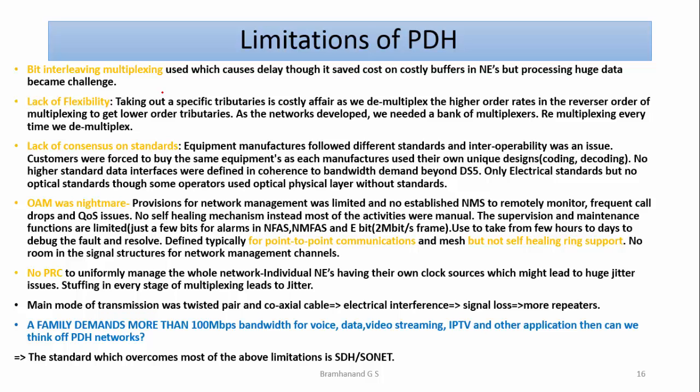And one more important thing is, even if we take 2 Mbps out of 140 Mbps by a series of demultiplexing, if the rest of the data is intended for any other location, we have to remultiplex every time we demultiplex. This indicates that there was no flexibility within PDH networks.